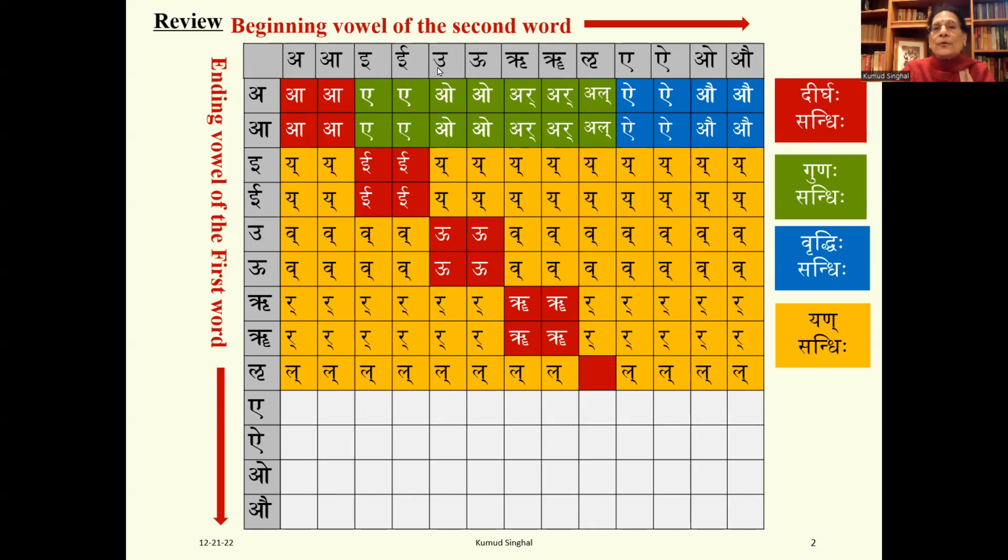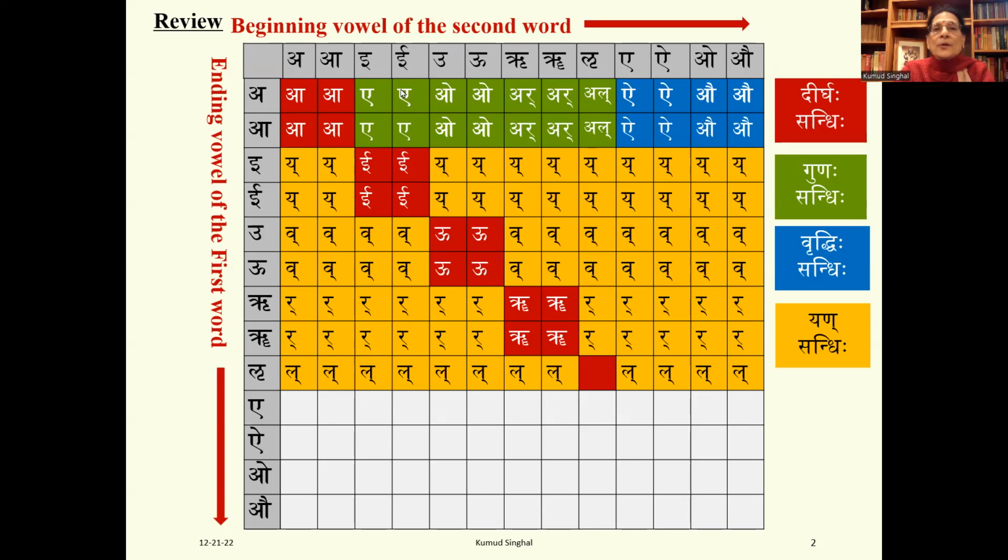The guna of u or ū is o. So if a or ā are followed by u or ū, then both the vowels are replaced by o. The guna of ṛ and ṝ is ar. So both a or ā and ṛ will be replaced by the guna, which is ar. And the guna of ḷ is al. So again, it will be replaced by al.